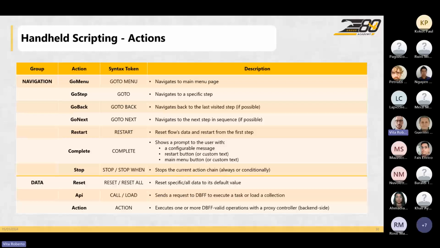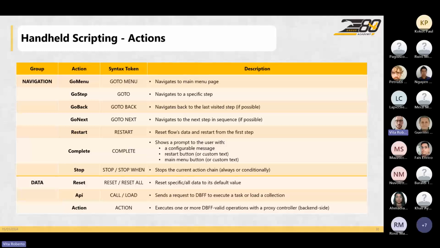After the controls, we get a brief overview of the actions available in our Handheld application. We divided all the actions in groups. So, for example, we have the navigation group, all the instructions or the statements that we can use to navigate inside the flow. Go menu, go to main menu, go step if you want to go to a specific step in the flow.